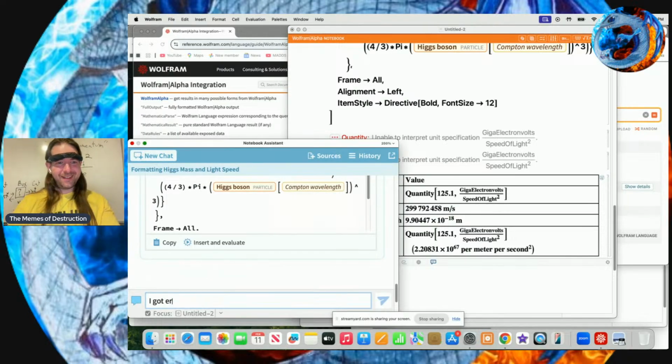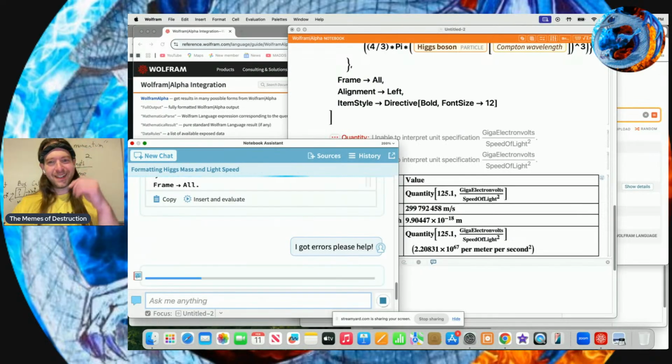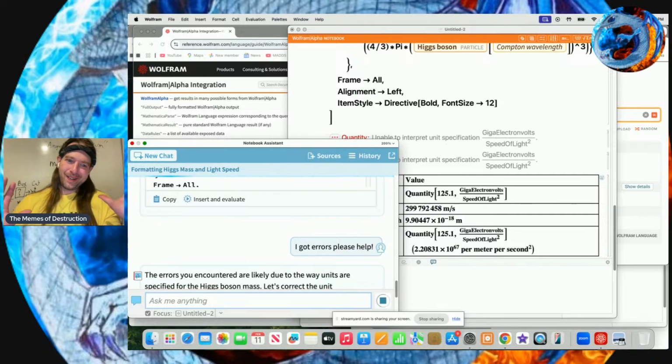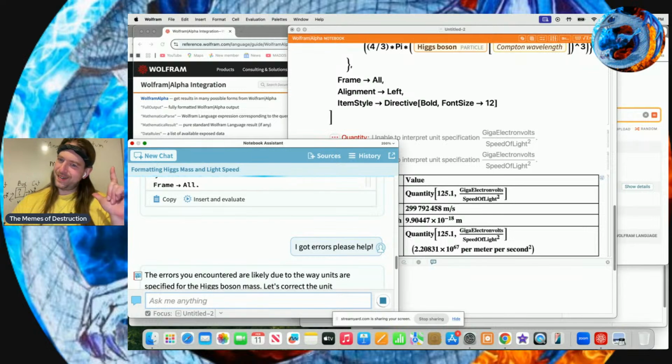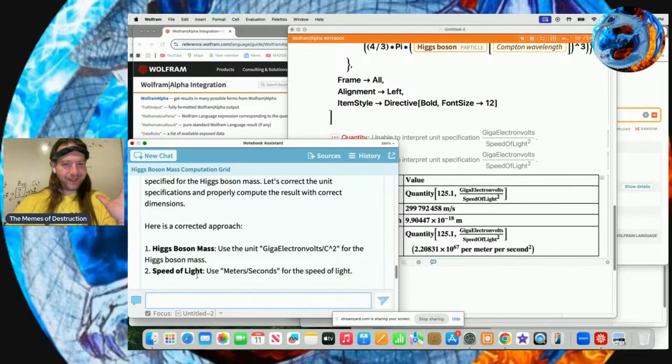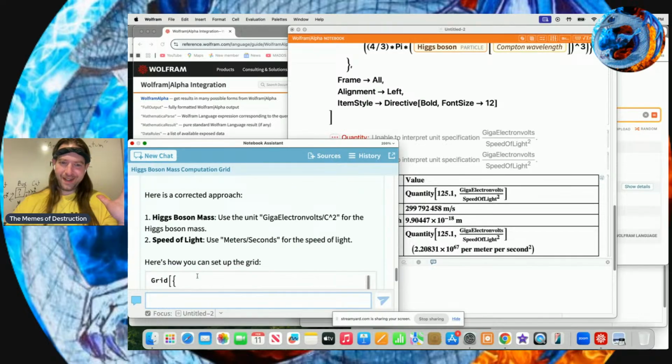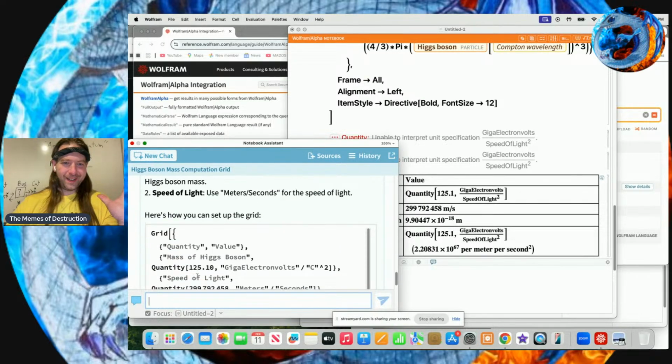I got errors. Please help. That's the thing. If it literally can read the notebook, it should likely be able to do it. Okay. Yes, yes. Let's just do GeV c squared. Let's see. Yeah, okay, gigaelectronvolts c squared.